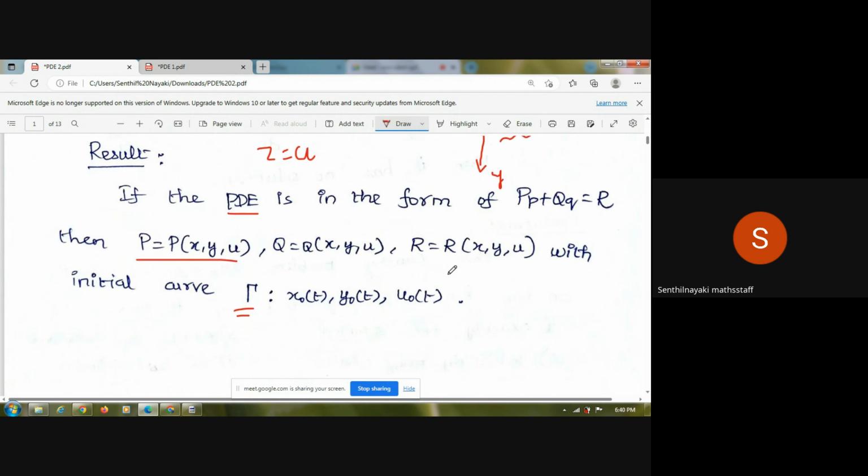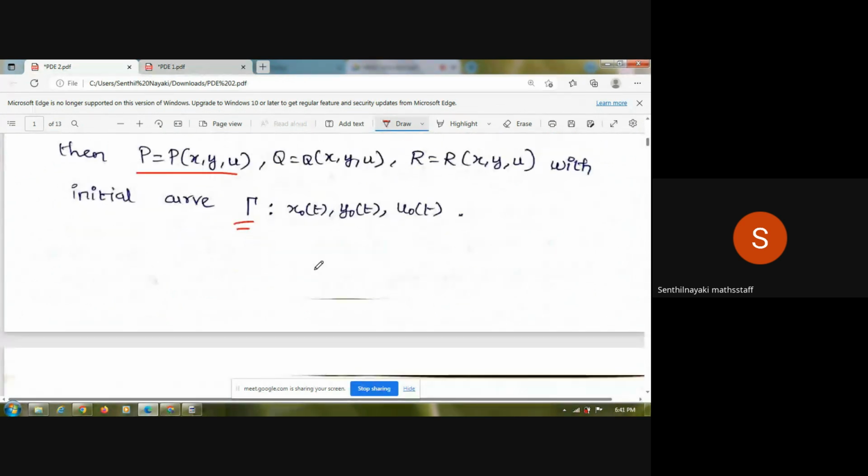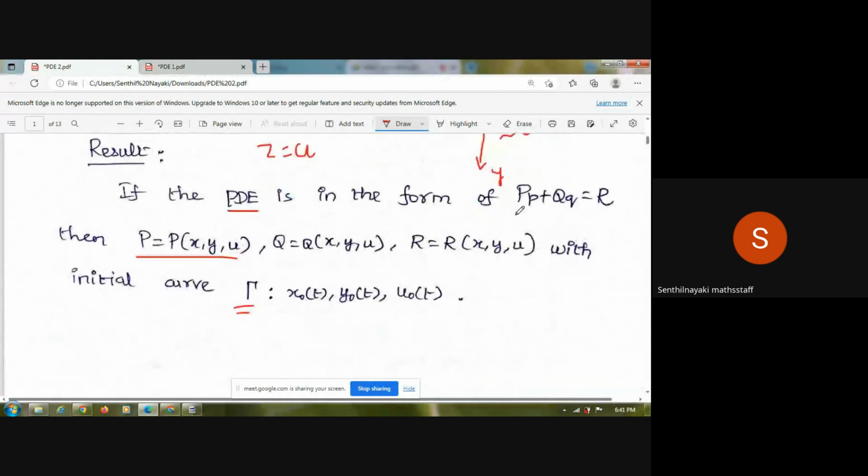Already I have mentioned the curve may be denoted by C or gamma, passing through x naught, y naught, u naught. So this equation is of the form P p plus Q q equal to R.